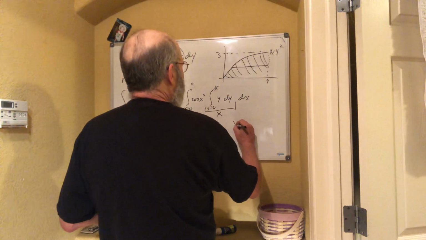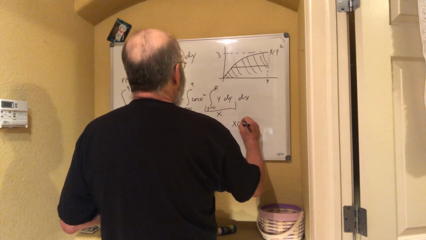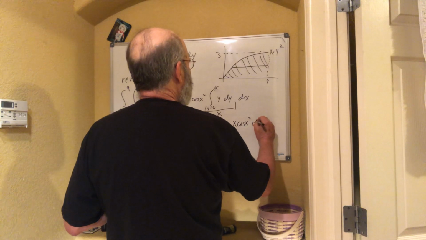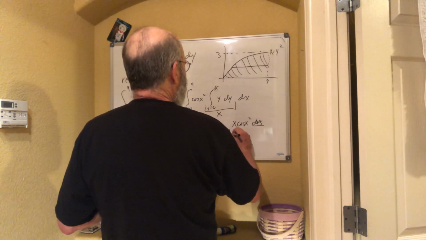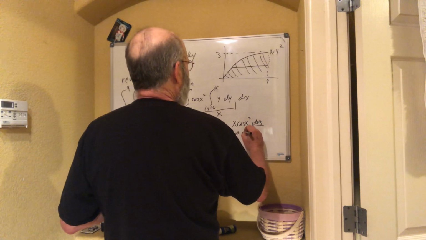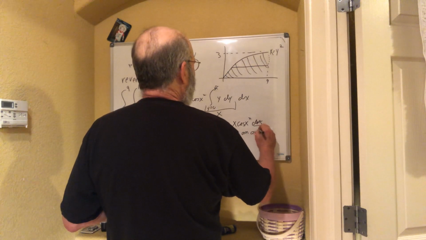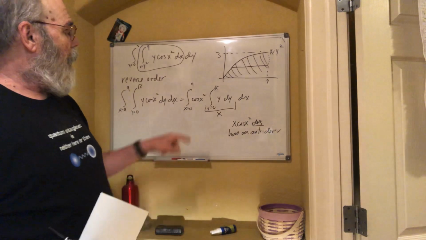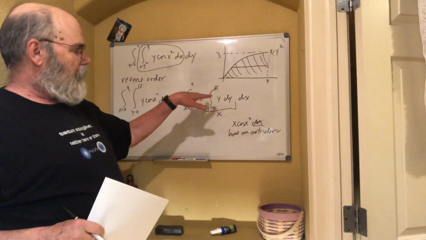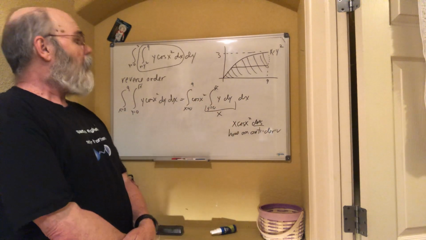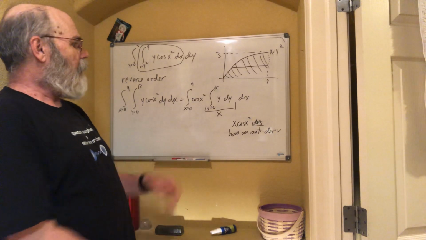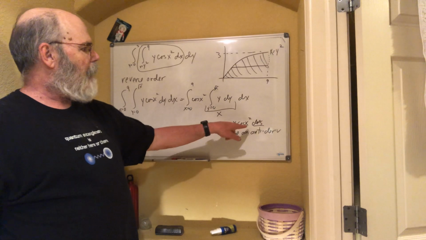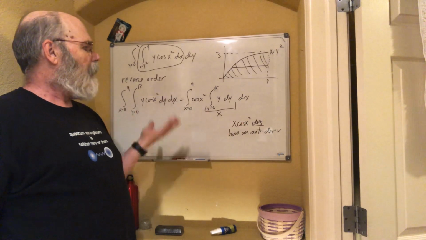I'm not going to, you can look at it later yourself, but let me make the comment this way. After doing this integral, the one I'm left with does have an antiderivative, because the derivative of x squared is x.